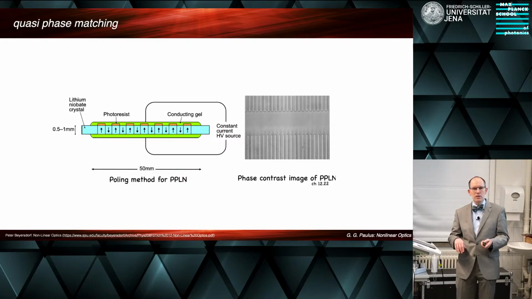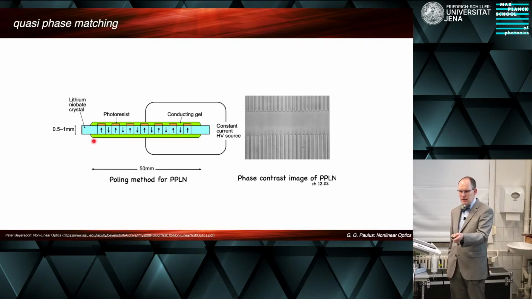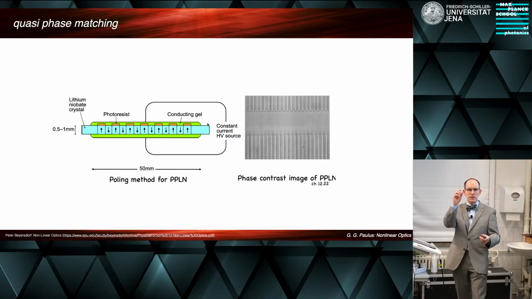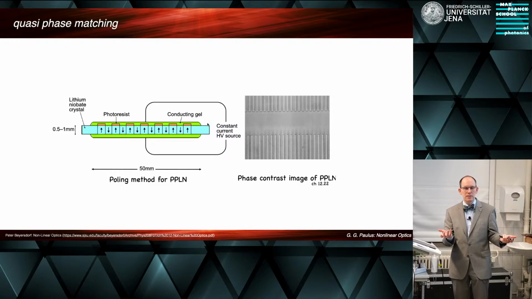What you would do is that you take a slab of lithium niobate, and then lithographically one would deposit electrodes on one side, so structured electrodes, kind of a grating, and another electrode on the other side, and then if your slab is a millimeter thick, you would apply 20 kilovolts to these electrodes.